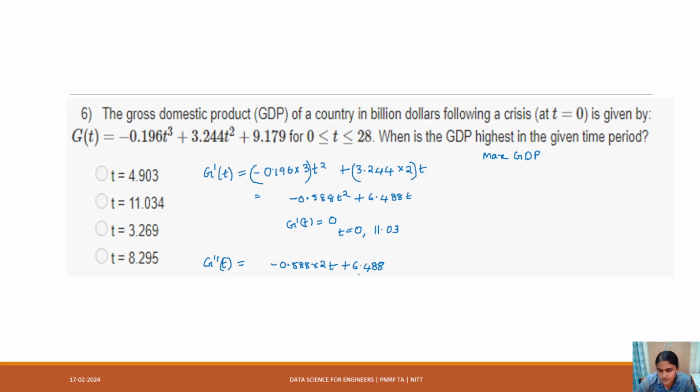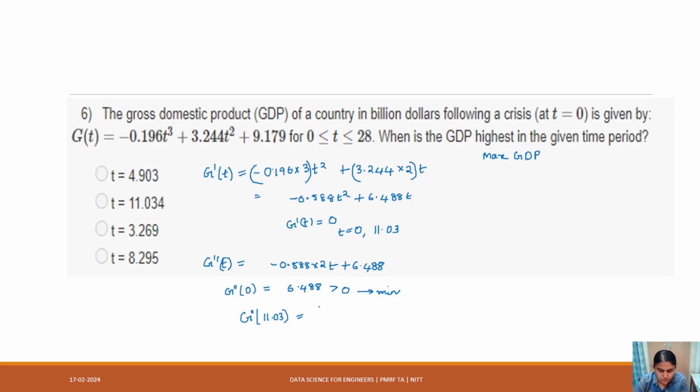First we'll find out g double dash of 0. If 0 comes, the double dash value will be 6.488, that is greater than 0, right? It means it will be one of the minimum points.